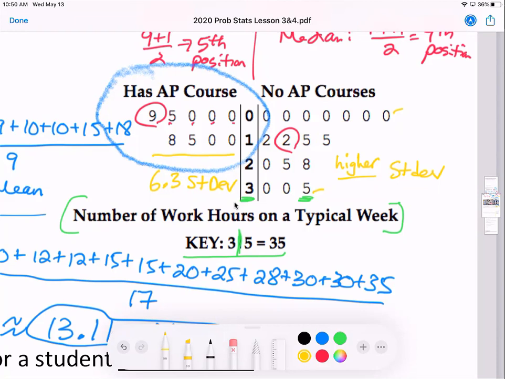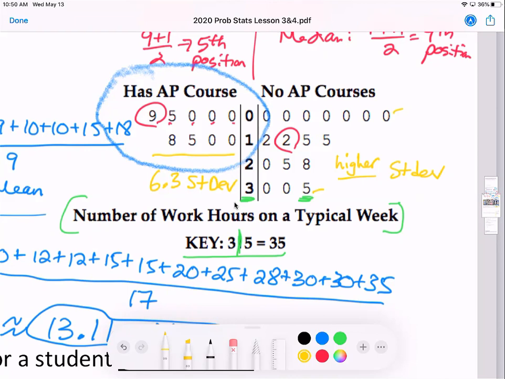Okay, so these are student scores on a test or something, and we're told the mean is 90. So first we do the distance each number is from 90. So that would be -6, -5, +2, +3, +6.